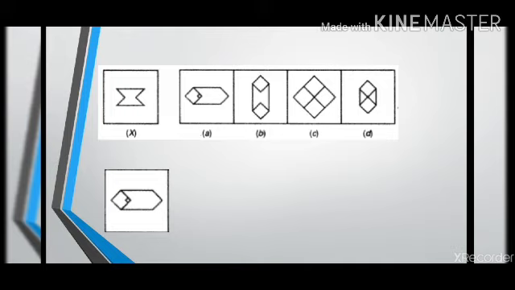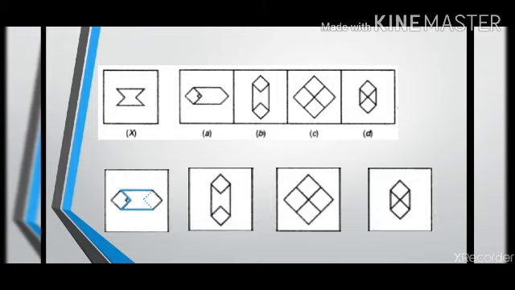In option A, I have the first half of the figure as it is given to me, but these two lines that I have marked with dashes are not there in the option. Half of the figure is there, but this C-like figure is not there in the option, therefore this option is eliminated.